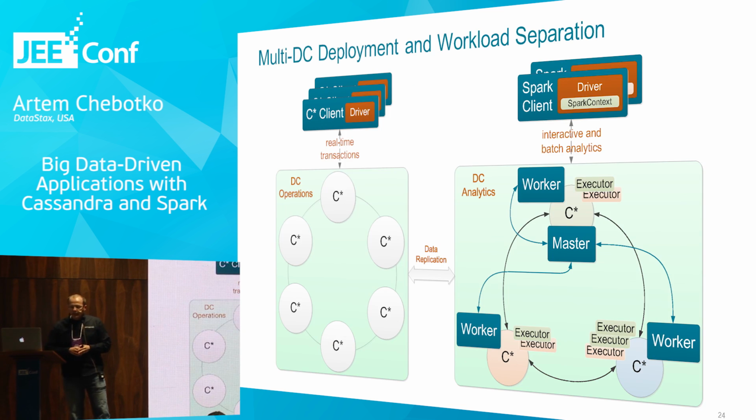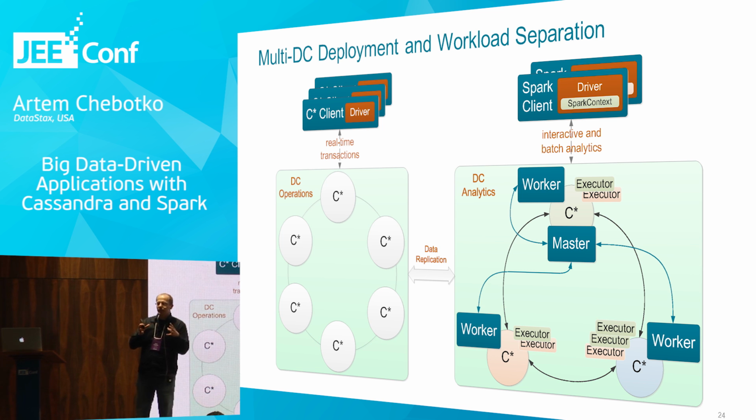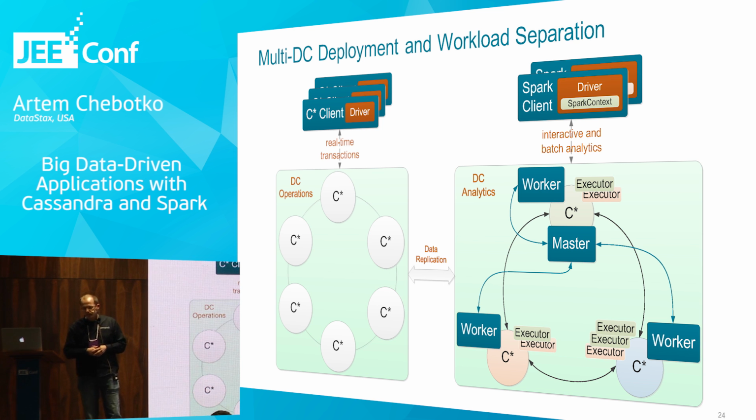Okay. Now the question you may have: if we combine those 2 technologies together, then we suddenly have Spark, which is usually computationally expensive and can have very long-running tasks, and Cassandra, which has to serve real-time transactions. It has to be very fast, with millisecond response time.